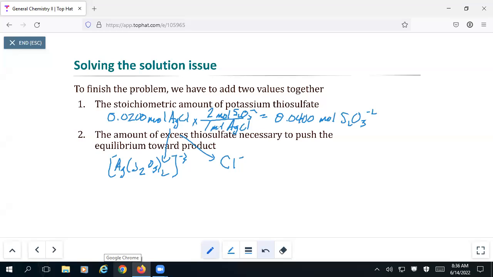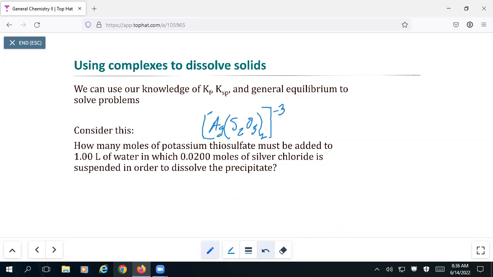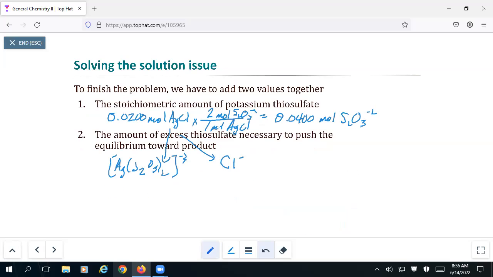So these concentrations we would know based upon the amount of silver chloride there was. The only thing we wouldn't know is the value of thiosulfate. We've got a liter of water, so that makes it nice and easy.